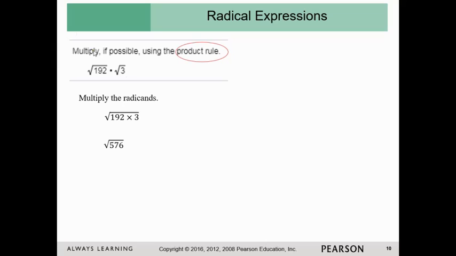Now with 576, what we would think about is, are there any perfect square factors? So we'd break down 576, but actually 576 is 24 squared. So 576 simplifies to 24.